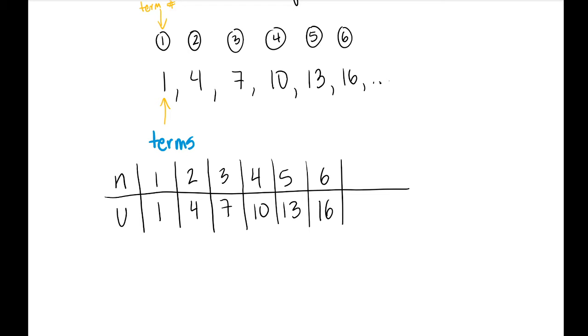So the preferred notation with the IB, they use the letter U to indicate a term in the sequence with a subscript of n, and that's going to indicate its position. So for example, 1 would be written as U1. That's the first term of the sequence. And 4 is U2. 7 is U3, and so on. And this is how we would actually designate these items in their various positions of the sequence.